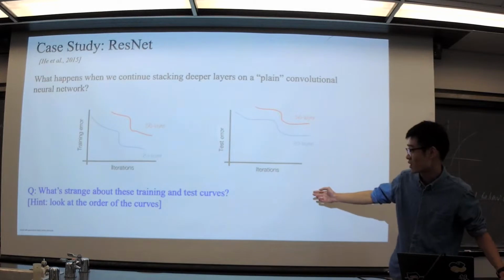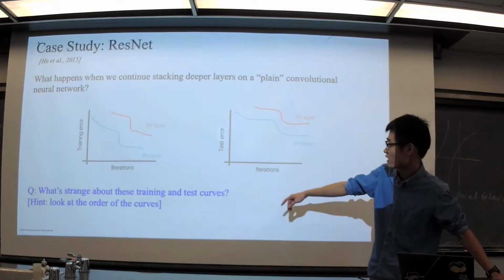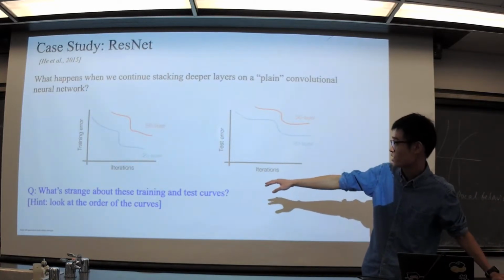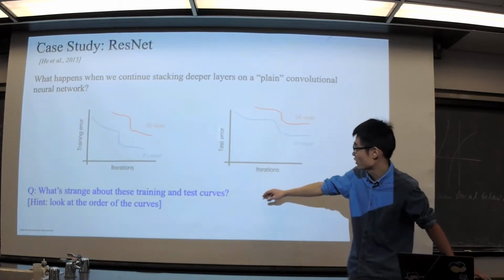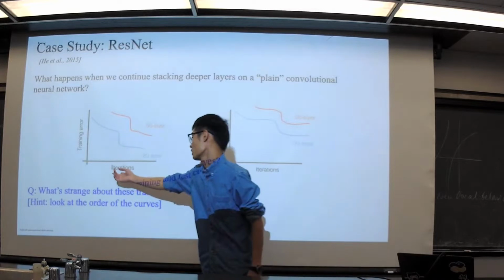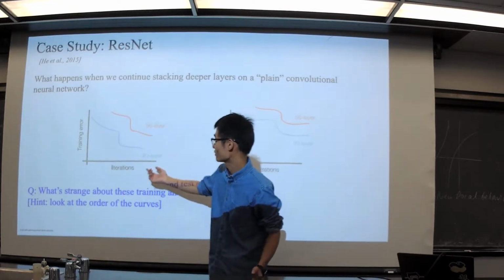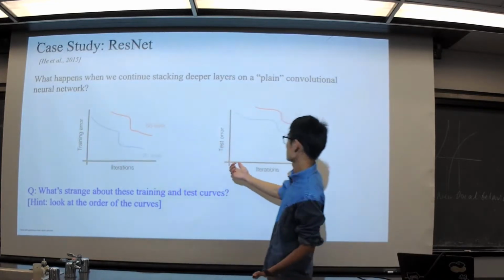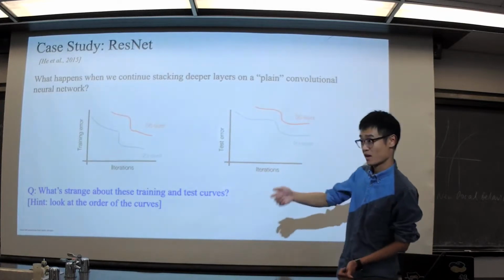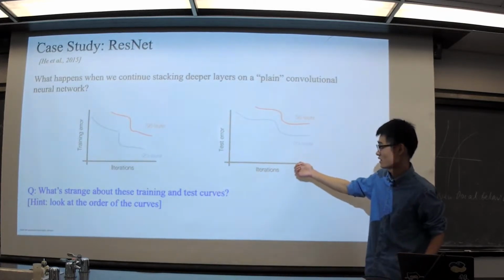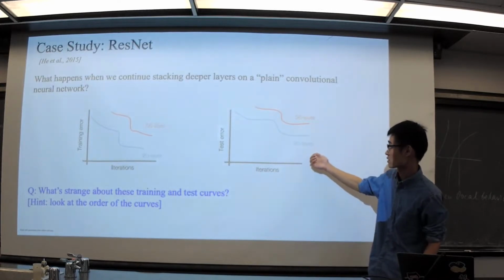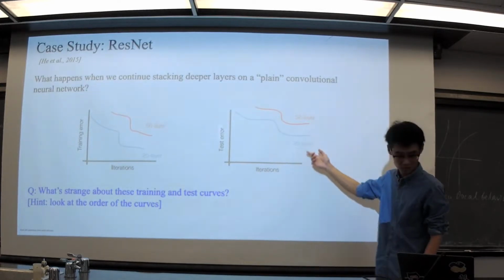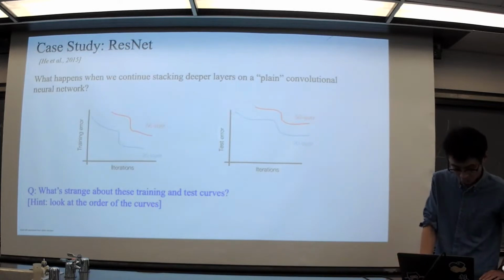You can see it from here, by comparing 20 layers and 56 layers. Here's the iteration, meaning how many times you train the network, and this is the training loss and test loss. As you mentioned, in either training or test, we got a bigger loss in the deeper network. Right?